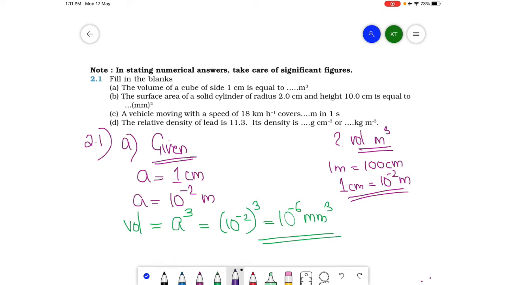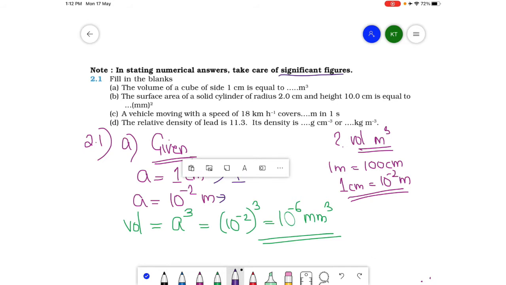But here in the question we have to take care of significant figures. Now, we know in the case of multiplication or division, the final result should contain as many significant figures as in the original number with the least number of significant figures. So the original number here is 1 centimeter. How many significant figures is this? 1. Now, what about when we converted it into meter?